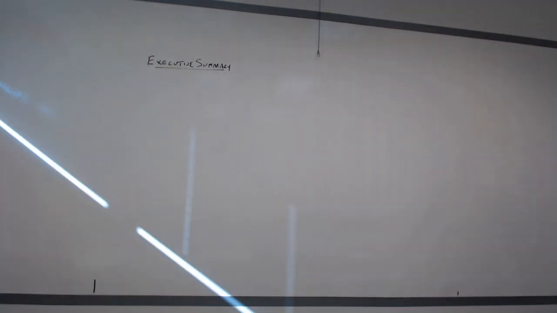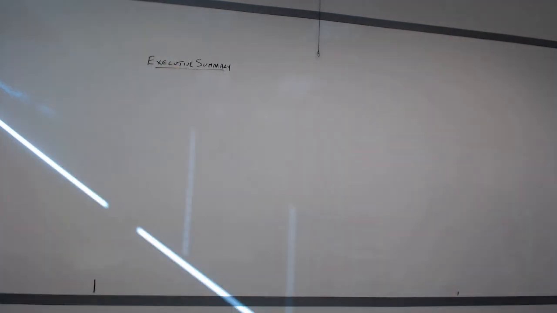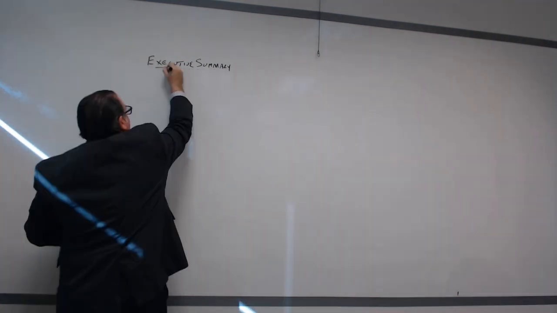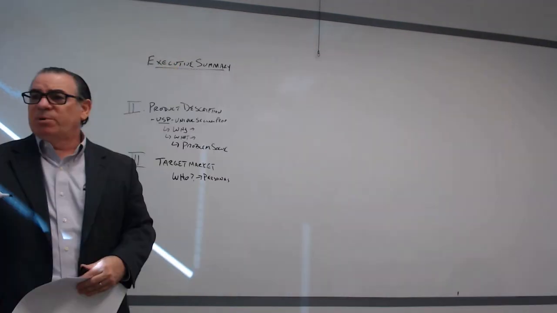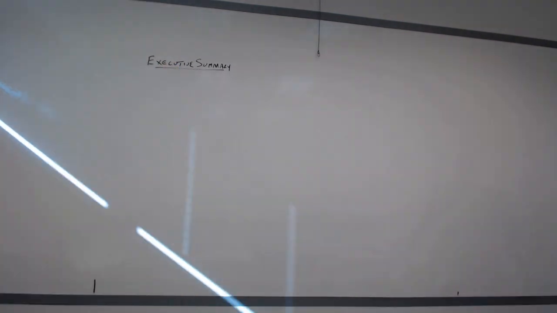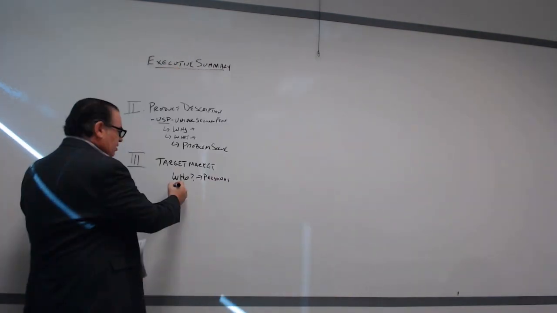Now we call that a persona or profile, demographic. All that goes in here. That's really what you want to put in here, the personas and the demographics. The who. What's the other part of the target market you need to have? The other part of the target market you need to have would be the where. Where are all the people you're trying to go after, right? Make sense? So where are they all?